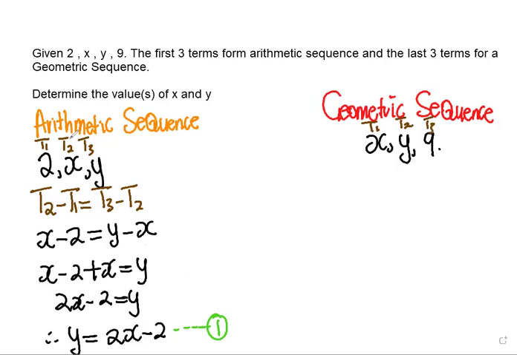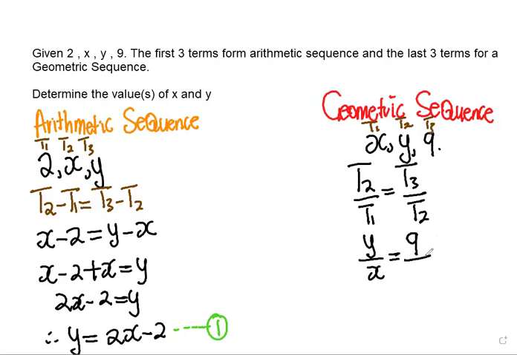Then for the geometric sequence, remember we have the common ratio being the same. So we're gonna say T2 over T1 equals T3 over T2. For this, we know that our second term is y. So we're gonna have y over the first term, which is x, equals the third term, which is 9 over the second term, which is y.